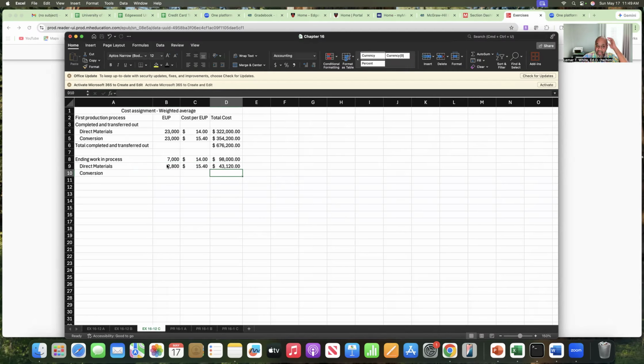And that's going to give me my cost for conversion. And I think I put these numbers a little too high, so I'm going to move them down a little bit. There we go. So then I get my total in work in process. I add these two numbers together, and that gives me my total.